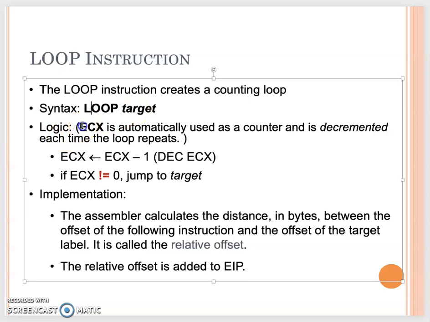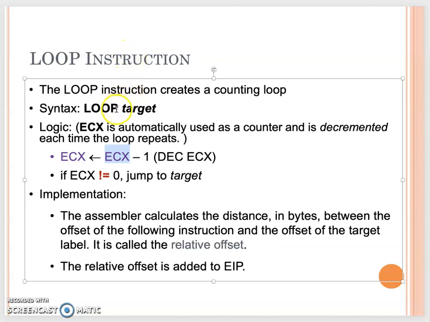The first thing, they will decrement ECX by 1. Here you see it's only ECX. When we do the loop instruction, ECX is automatically, by default, the counter. ECX is automatically used as a counter and is decremented each time the loop repeats.